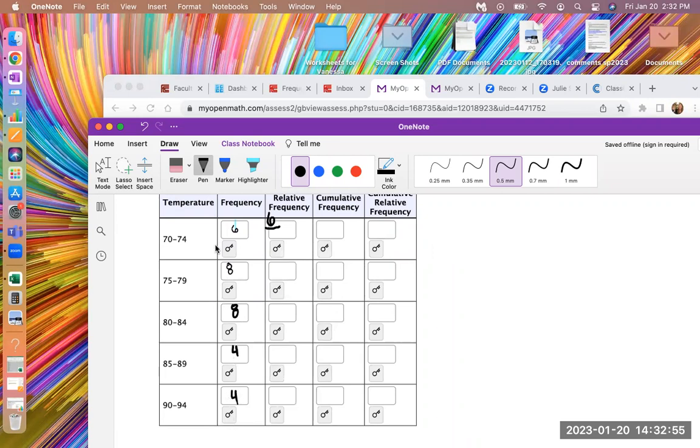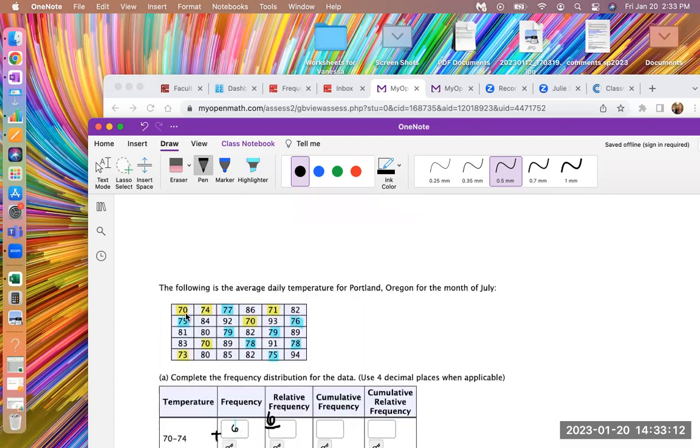So if we add what's called the sum of these frequencies, we add all those frequencies together, then we get a total of 30 observations. And we can double check that up here because we have 1, 2, 3, 4, 5 numbers, and then 1, 2, 3, 4, 5, 6 rows of 5 numbers.